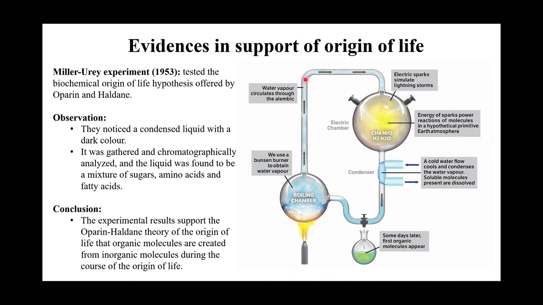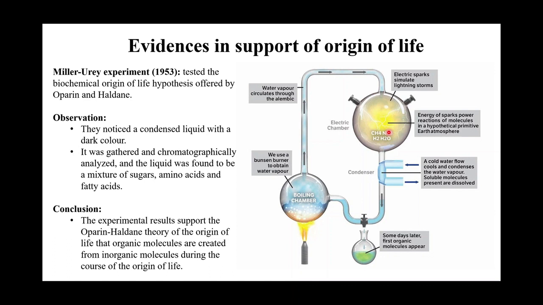These were the lightning that was going on in the earth's atmosphere. So here there is electricity. And now because you have these gases in the form of condensed material present in the environment, and you have electricity which is giving them energy, they started forming molecules and interacting with each other.